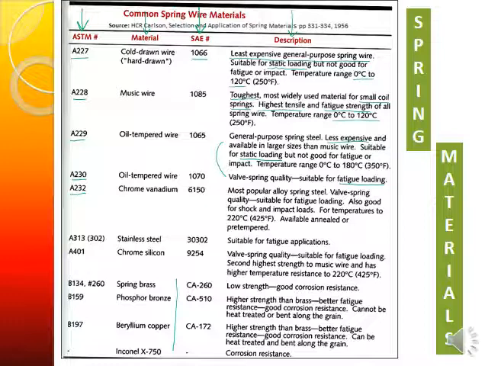So in other words, when you want to choose a wire to make a spring, what you need is to select a material from here. But in order to select a material of the wire, you must know what this wire is capable of, what kind of properties this wire has, and whether you are looking for the properties which are available in this particular type of material.